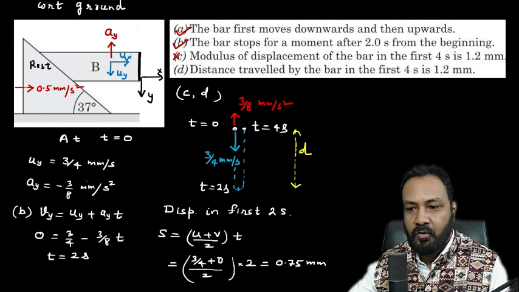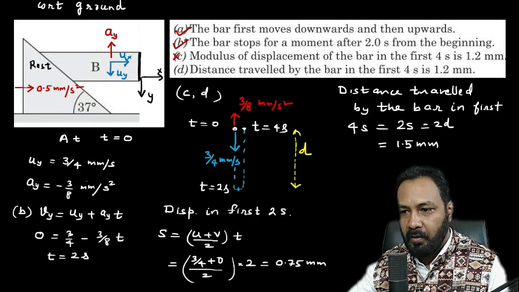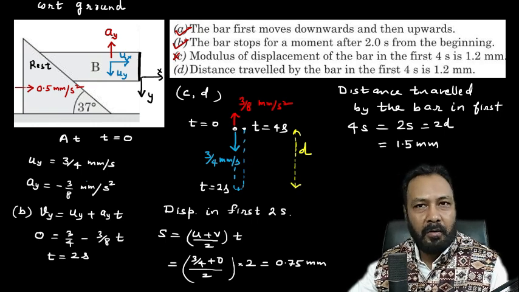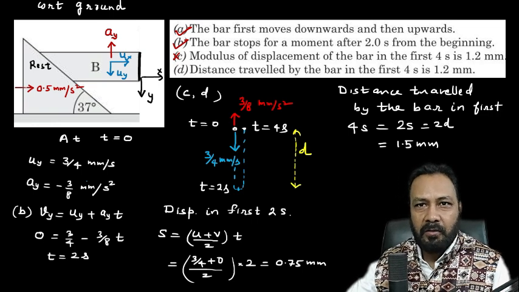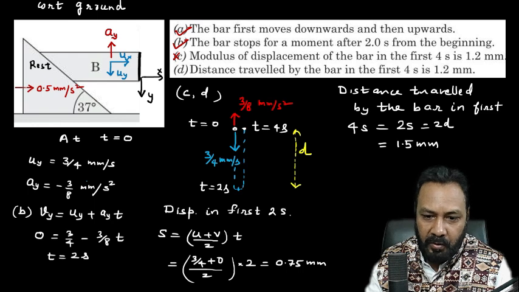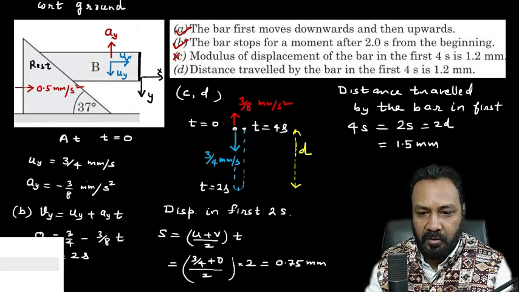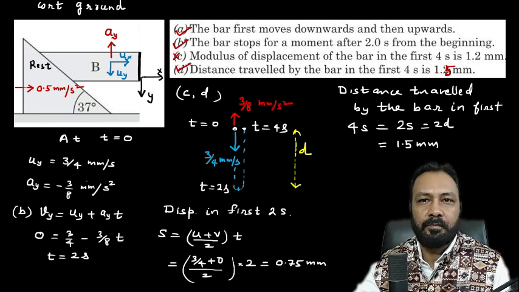So the total distance is twice of that, that would be 1.5 millimeter, and this is not the right answer as given, but you see that was a misprint in the Pathfinder. If you check the latest edition, they have corrected the printing mistake and 1.5 millimeter is written. So that is a correct thing. Thank you.